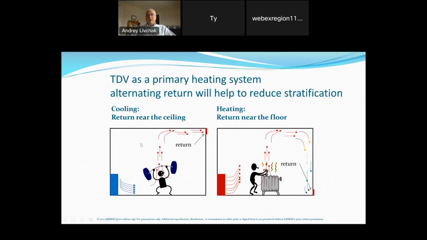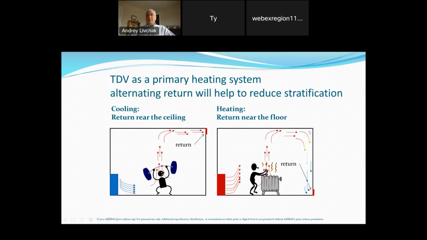One way to improve this, if you use thermal displacement ventilation as a primary heating system in winter, is to improve its efficiency by changing the return from the upper part of the space to the lower part of the space.